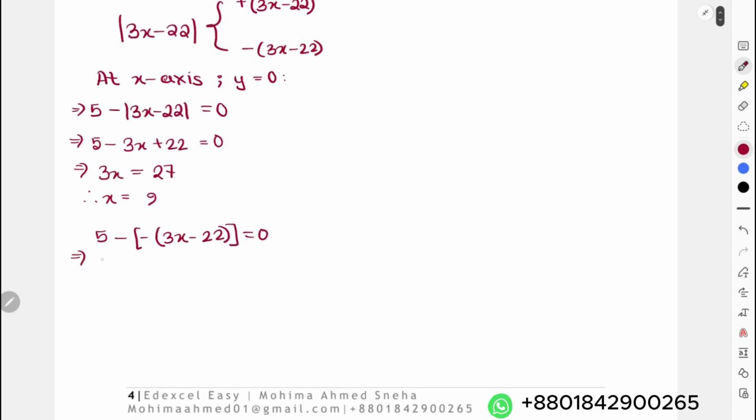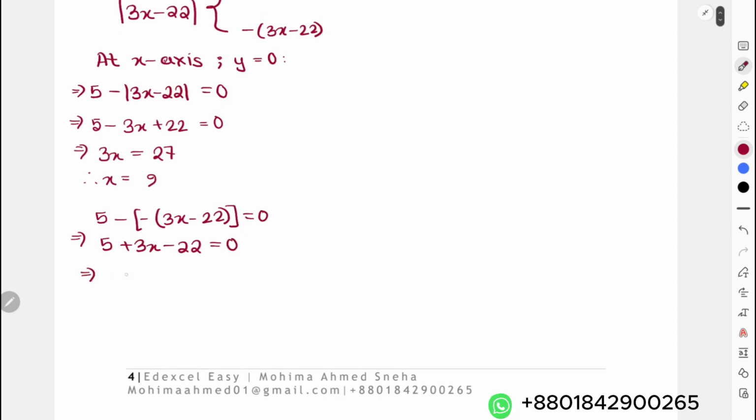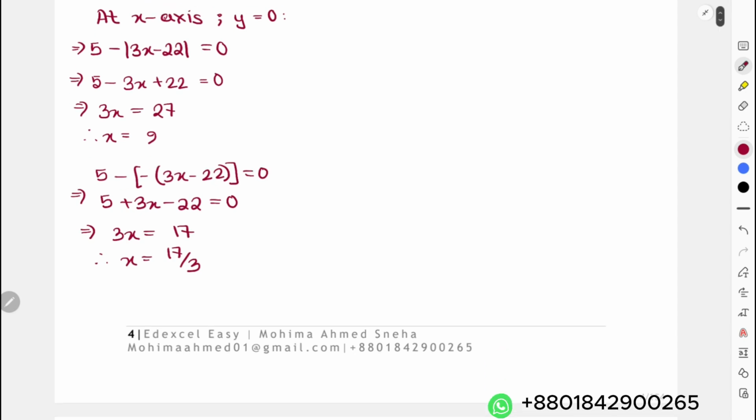So now you're working with 5 plus 3x minus 22 equals 0. This becomes negative 17, and you get 3x equals 17. So x becomes 17 over 3, and these are the coordinates: 9 and 17 over 3. So you can write down the coordinates separately, 9 and 0, and 17 over 3 and 0.